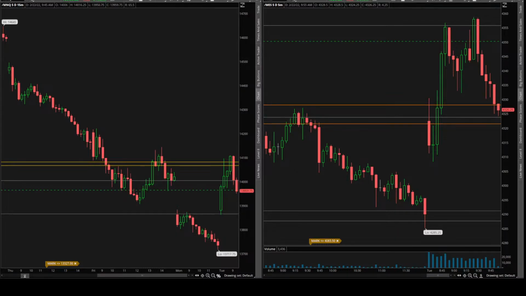Let's see what we can do here. Let's see if we get a little bit of a movement. Watching the 1 minute. So I've got the 5 minute pulled up here, but I'm keeping a good eye on the 1 minute. I'm almost stopped out of this. It's pretty close. Got a bit of a bounce there.